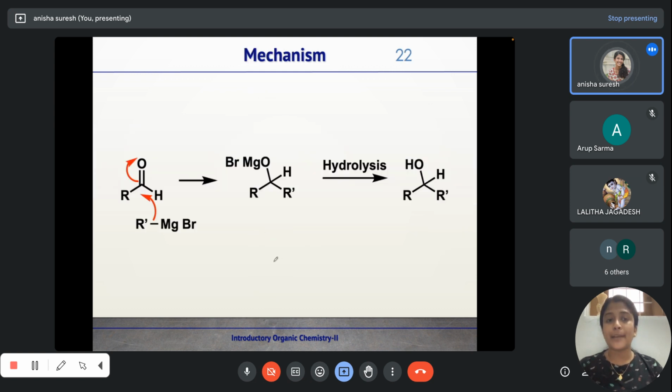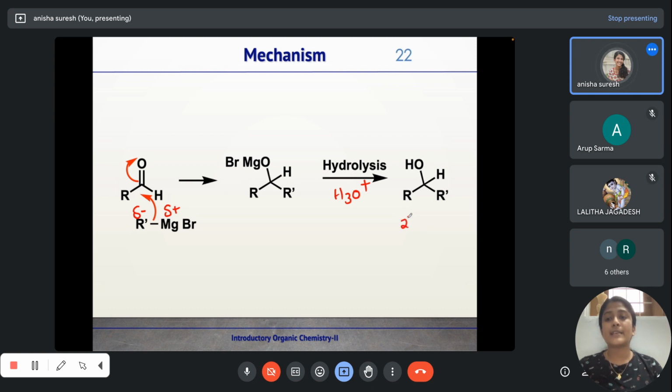Now what will happen with other kinds of aldehydes? For other aldehydes, one of the hydrogens of formaldehyde is replaced by an R group. Then if it reacts with Grignard's reagent, here R dash will have delta negative and this will have delta positive. R dash will add to this electrophilic center, that is the carbonyl carbon. Upon adding, it results in the formation of this compound, and upon hydrolysis, that is treatment with H3O plus, it results in the formation of RCHOH R dash.